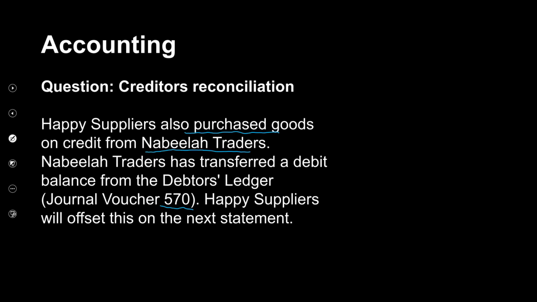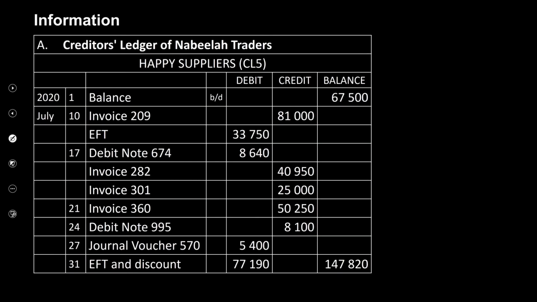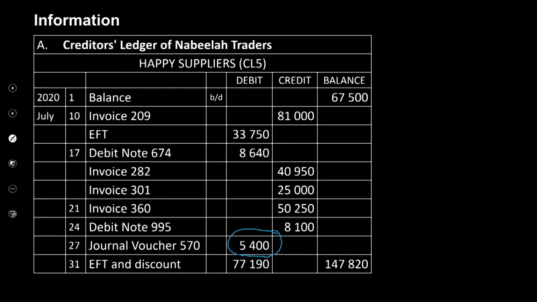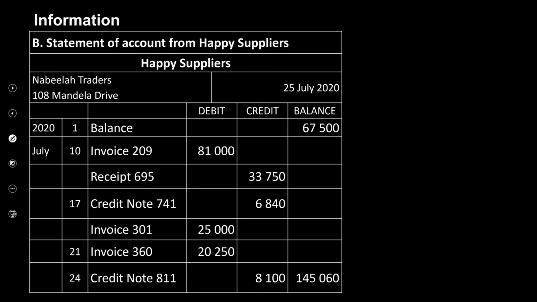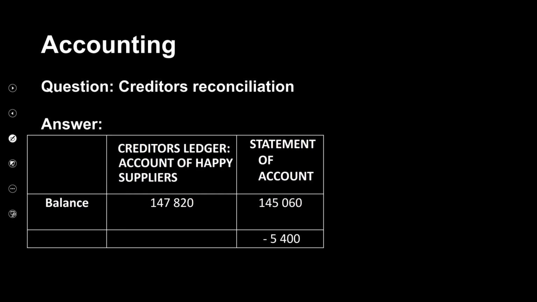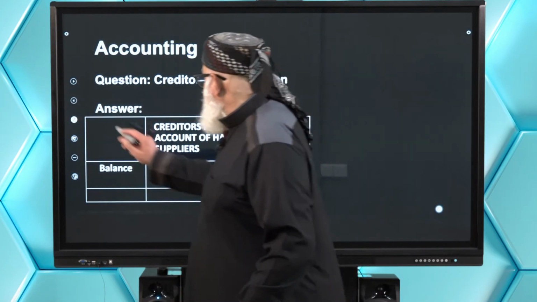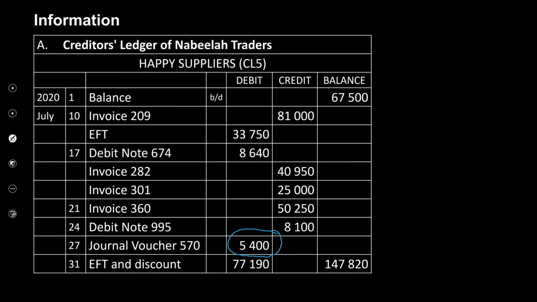So obviously, there was a transfer, and if we look at journal number 570, we can clearly see it. There was an amount of 5,400 that we debited in our books. They have not entered it as yet. They will offset it next month. You can see it does not appear in their records. Therefore, remember, it's a debit in our books here.